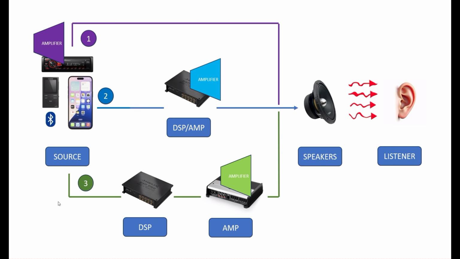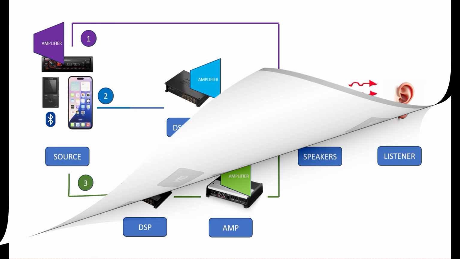And now if you're using this third method, where you have standalone amplifiers, well, of course, the amplifiers are at this stage. But without amplifiers somewhere in your car audio signal chain, your car audio system simply wouldn't work.